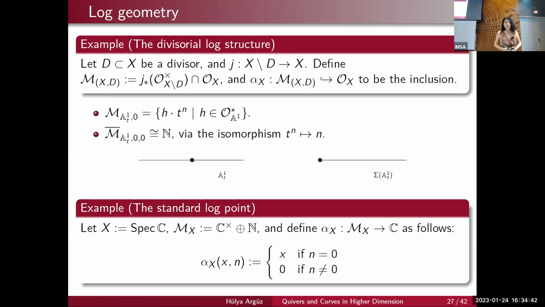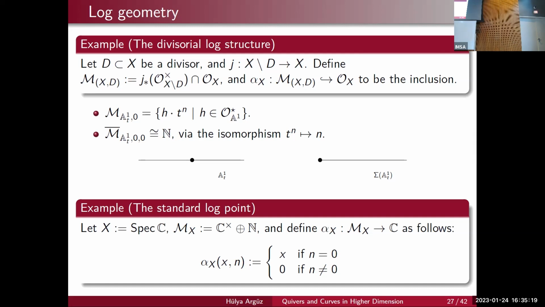Here's an example. If you look at a space X and consider a divisor D in X, and I denote the inclusion of the complement X minus D into X by j, then you can describe a log structure, called the divisorial log structure, by looking at the sheaf of regular functions on X, and you take all those regular functions which are invertible away from D. In this case, your morphism from this monoid to your structure sheaf is just the inclusion.